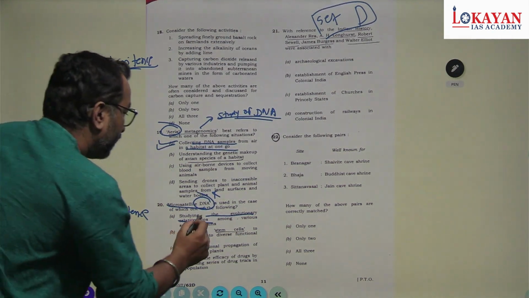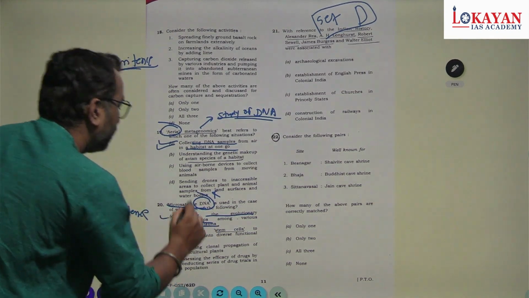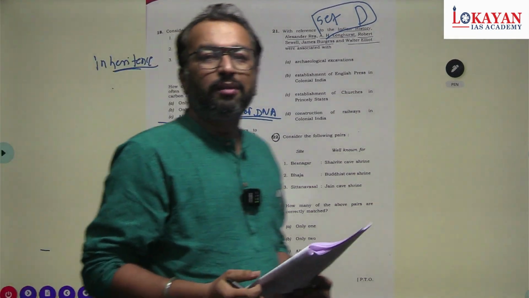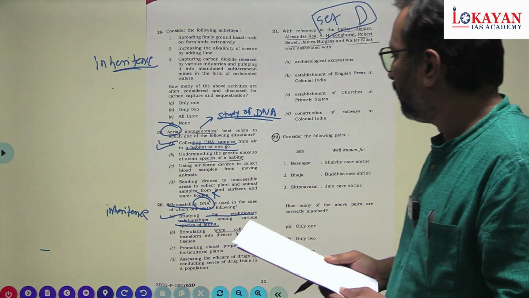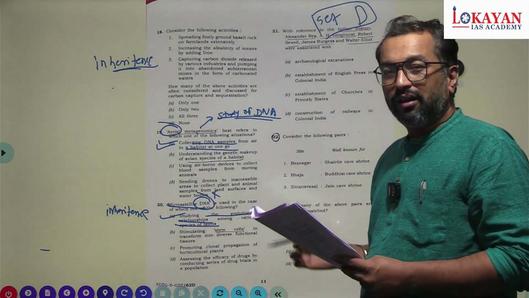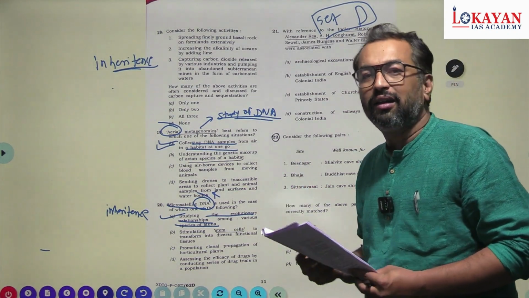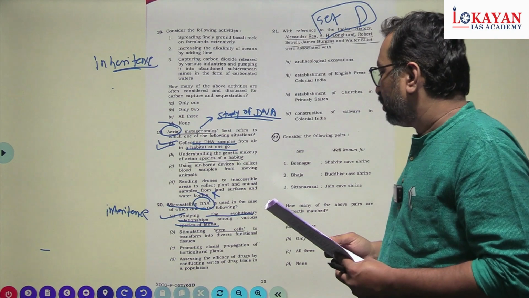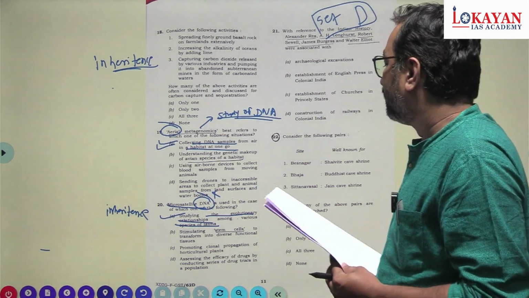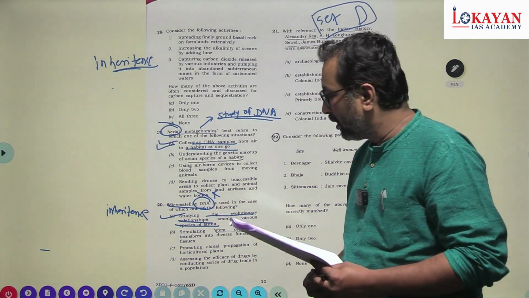So studying the evolutionary relationship among various species of fauna is the correct answer. That is option number A. Microsatellite DNA is useful in the study of inheritance, that is, what qualities are replicated in the generations. So option number A.